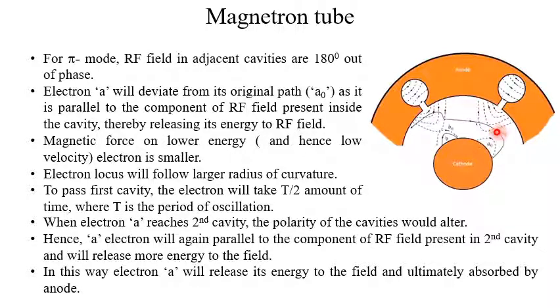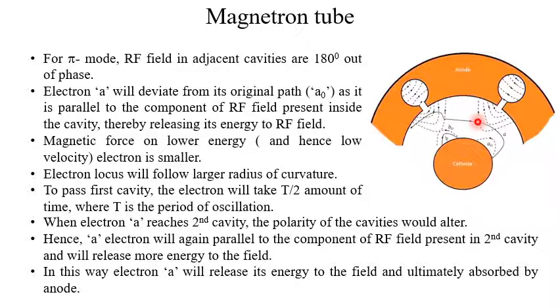That means the electron will bend less. So instead of going to its original path, the electron will move in that way. The electron locus will follow a larger radius of curvature like this one, instead of this small radius of curvature.